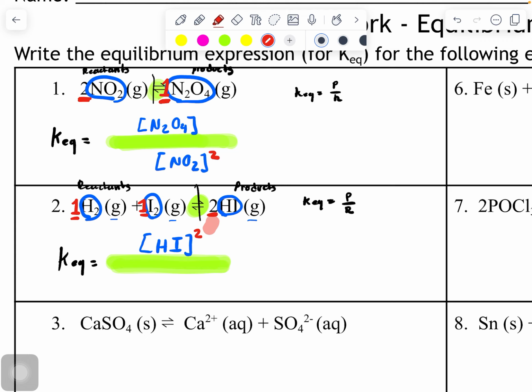Let me make it smaller. Right there. Okay, and then on the bottom, we're going to write the reactants, the concentration of H2 to the power of 1. It's okay, we don't have to write powers of 1. And the concentration of iodine to the power of 1 again. So that is totally fine.